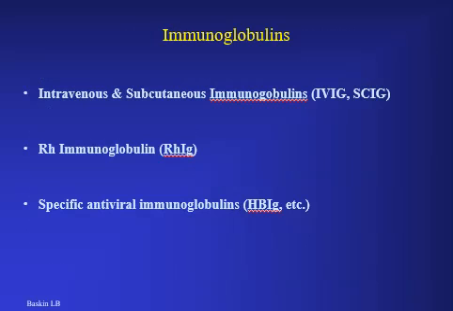I'm only going to touch on the various immunoglobulins because even though this is certainly a plasma protein product, in some situations transfusion services don't manage them, and they're divided mostly into 3 different groups. There's the intravenous and now subcutaneous immunoglobulins, or IVIG or SCIG, RH immunoglobulin, and then the specific antiviral immunoglobulins.